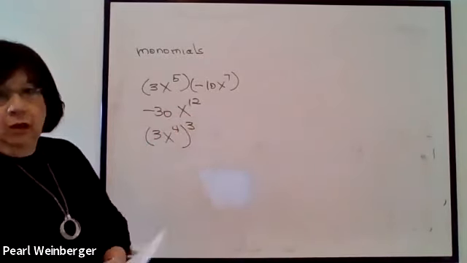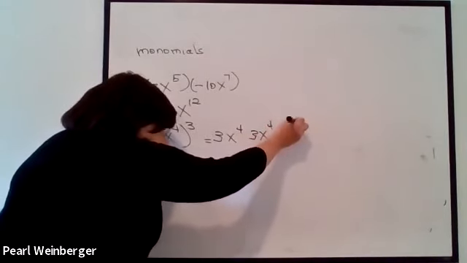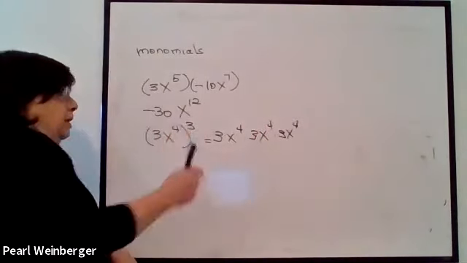Number one, we could just rewrite this as 3x to the fourth times 3x to the fourth times 3x to the fourth. When we have a cube, a 3 exponent on the outside, what it's telling us is that we're multiplying whatever's inside this parentheses 3 times.